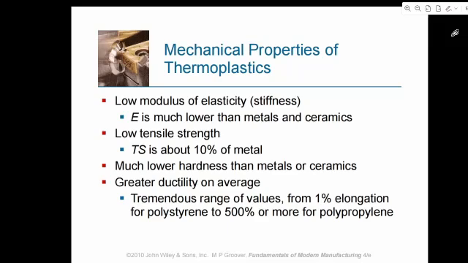The thermoplastics have a low modulus of elasticity. Elasticity is much lower than for metals and ceramics. They have low tensile strength, and their tensile strength is about 10% that of metals, and they have much lower hardness than metals or ceramics, and they have greater ductility on average, so they can be shaped into tubes or cylinders.